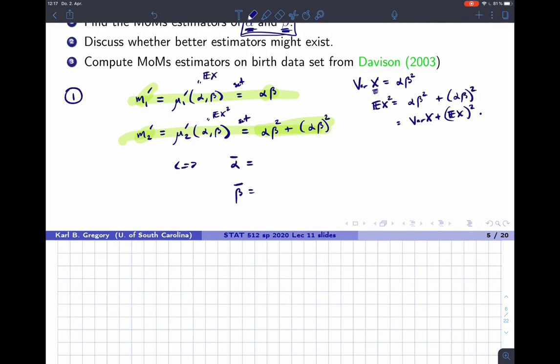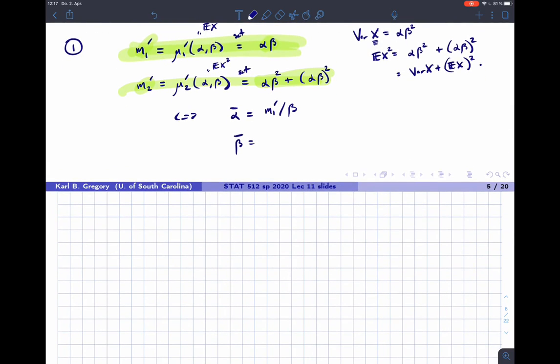So from this top equation, it looks like I can take the first sample moment and divide by beta, whatever beta is going to turn out to be. We have to play around here. Let me plug this into the second one.